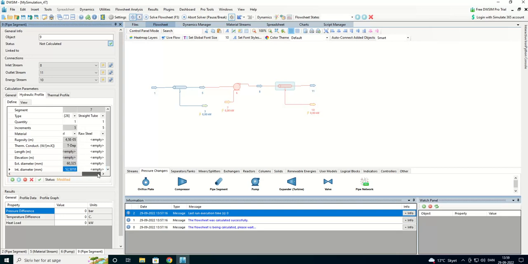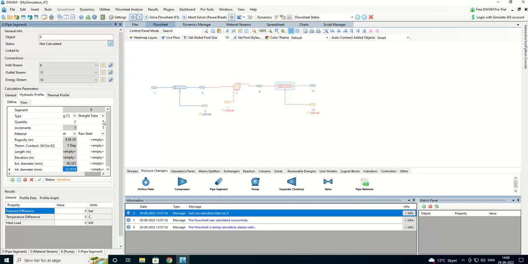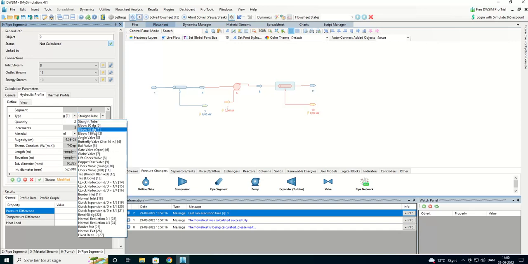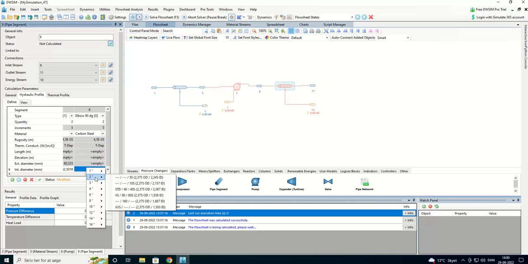I will add them. 45 degrees, 2 pieces of them, and 90 degree elbows. We have 2 pieces of them, carbon steel, and the diameter 2 inch.